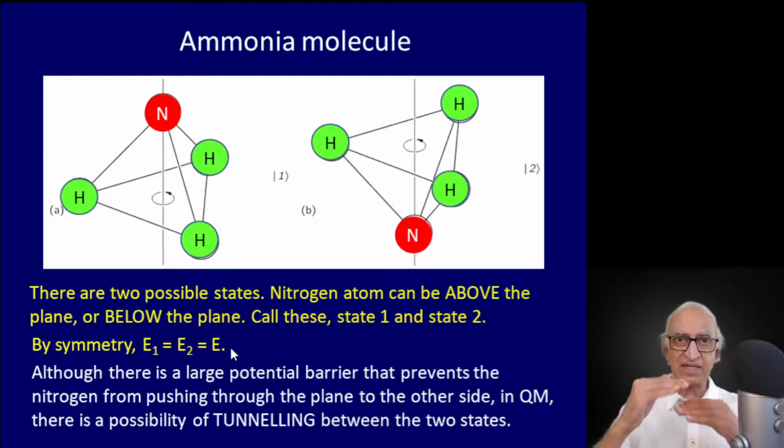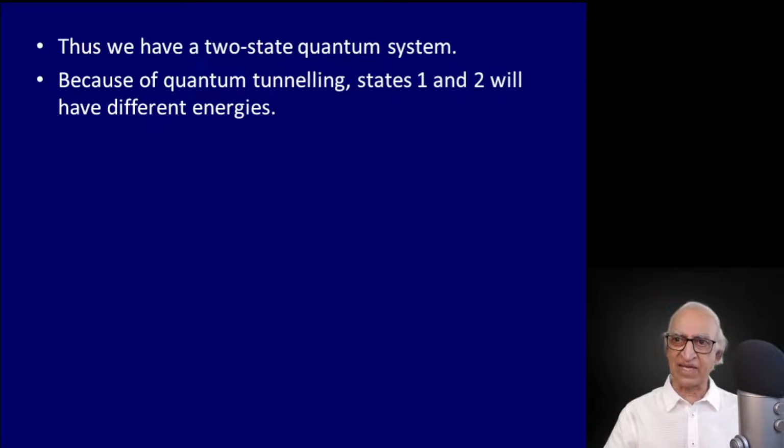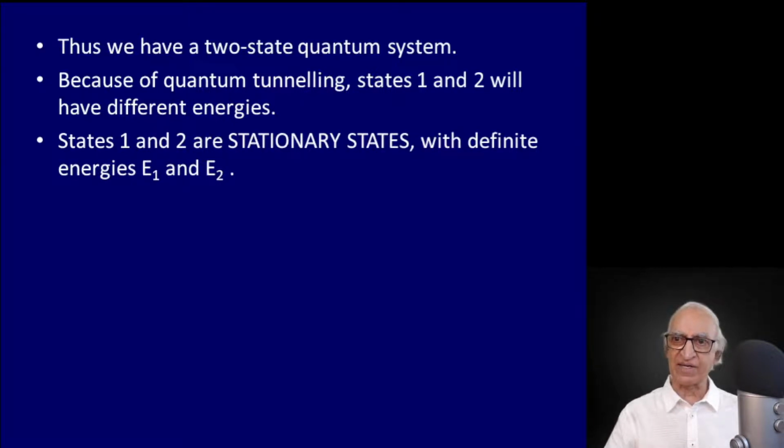But the tunneling between these two minima splits the energy levels. And again, you have a two-state quantum mechanical system with different energies. And those energies are E1 and E2.